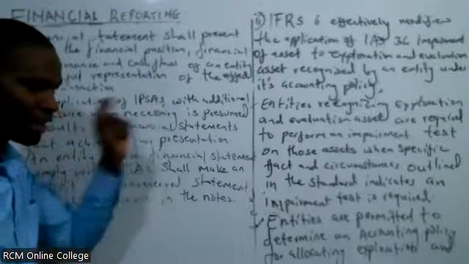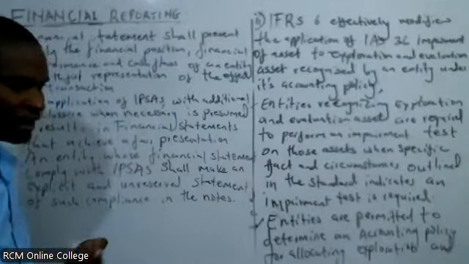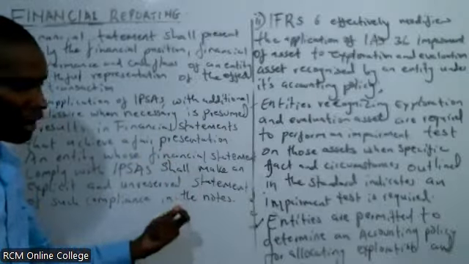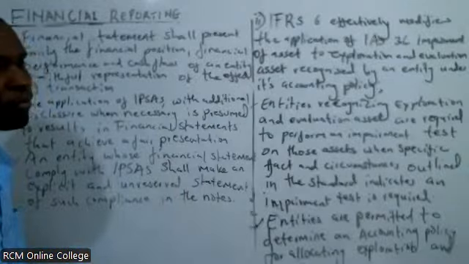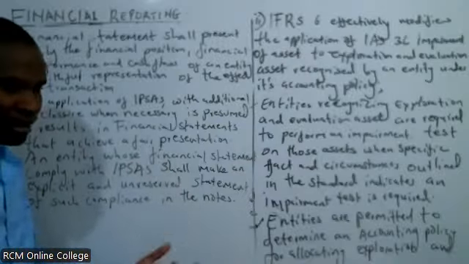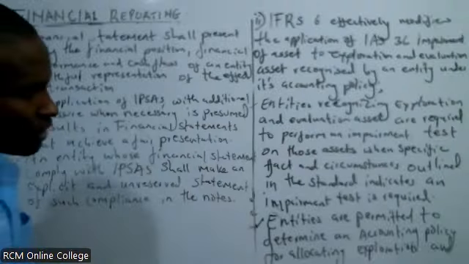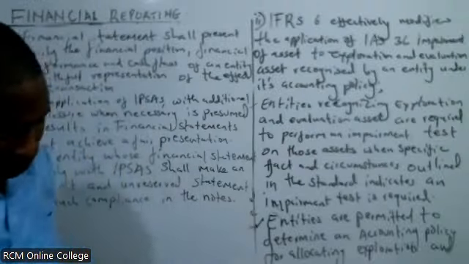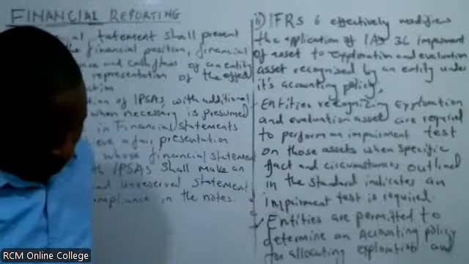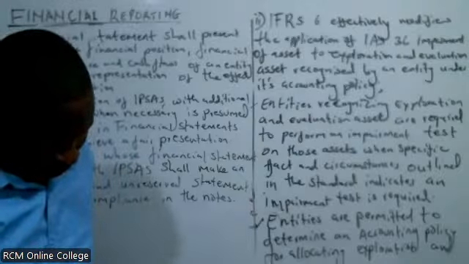Just by complying with the IPSAS, it is presumed that the entity has represented itself fairly. So following the standard is the key. That is it. I think we can look at the disclosure requirement.